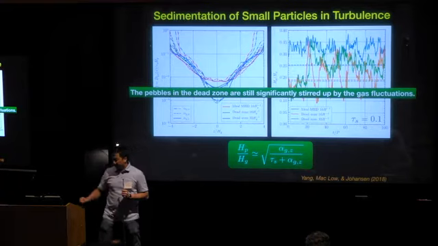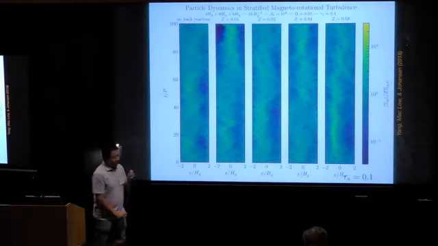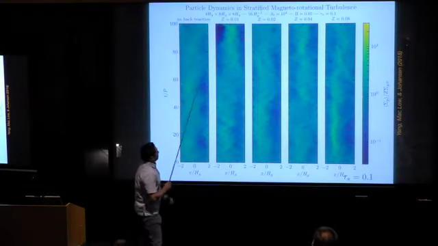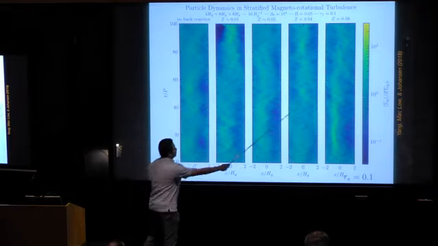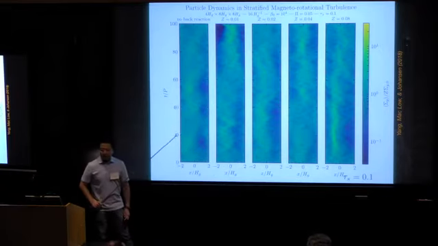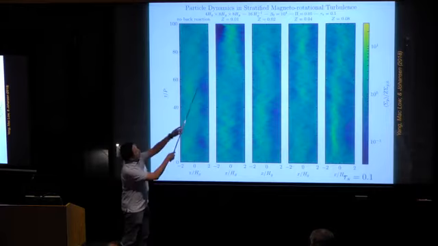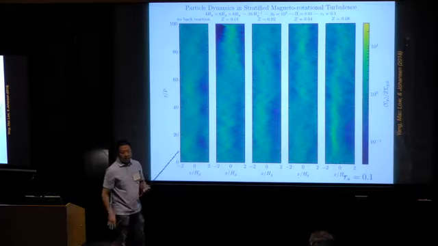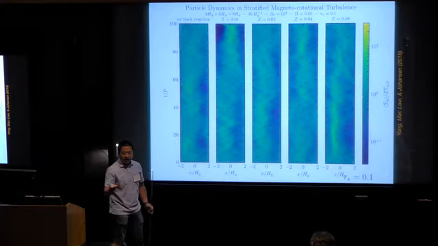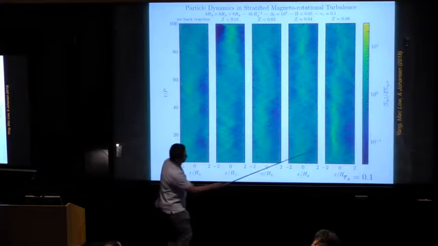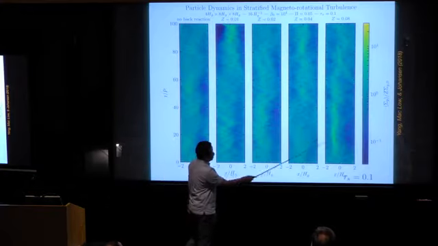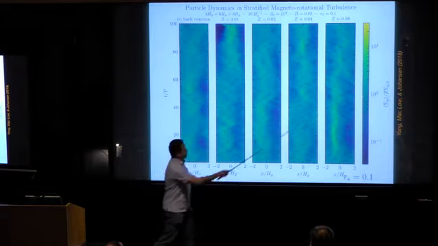So let's find out if that's the case. In the ideal MHD, I turn on back reaction and systematically increase the solid loading. And this is the radial concentration as a function of time. Indeed, I don't see any concentration, except maybe transient here, and then dispersed.